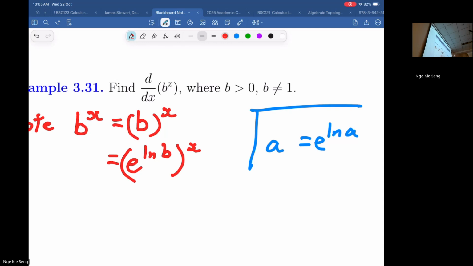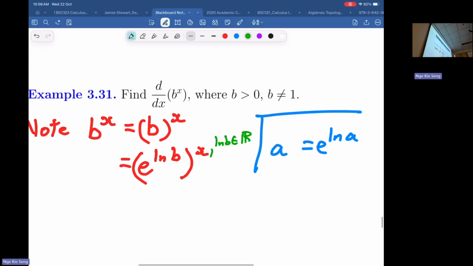So now it becomes e to the some scalar times x. Note that this ln b here is a real number, just some number. But it's still a bit different from e to the x. This one is e to the (ln b)x.